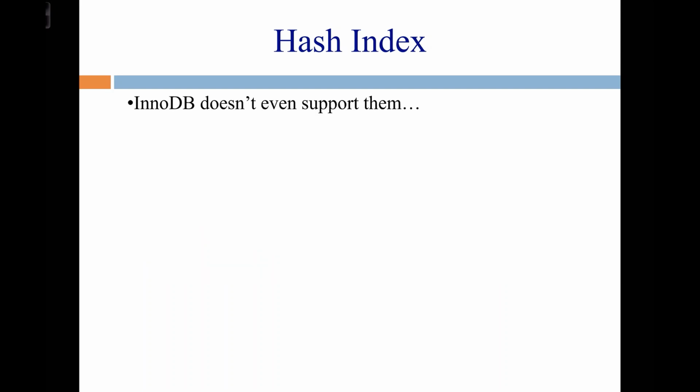Turns out InnoDB, which is the storage engine behind MySQL and MariaDB, doesn't even support hash indexes. They are supported by the language, so SQL will let you try to create a hash index, and it will just say okay, but not actually do anything, because InnoDB just says, well, they're not that useful, we might as well not even implement them.